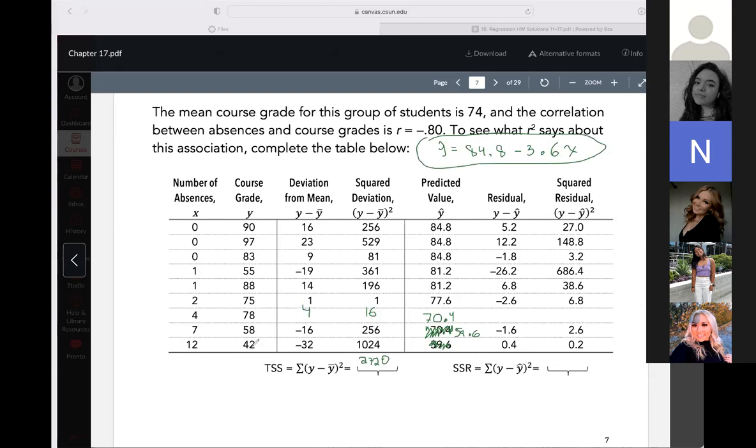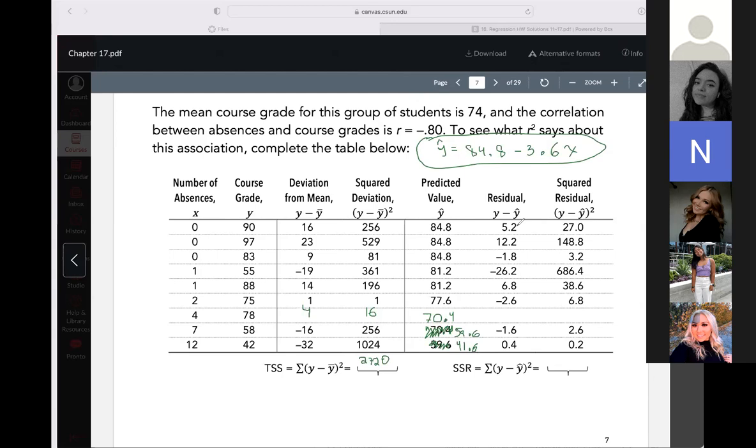Okay. Just plug in x. The predicted value comes from the line of best fit. 41.6. So let's go ahead now and make sure the residuals are all correct.